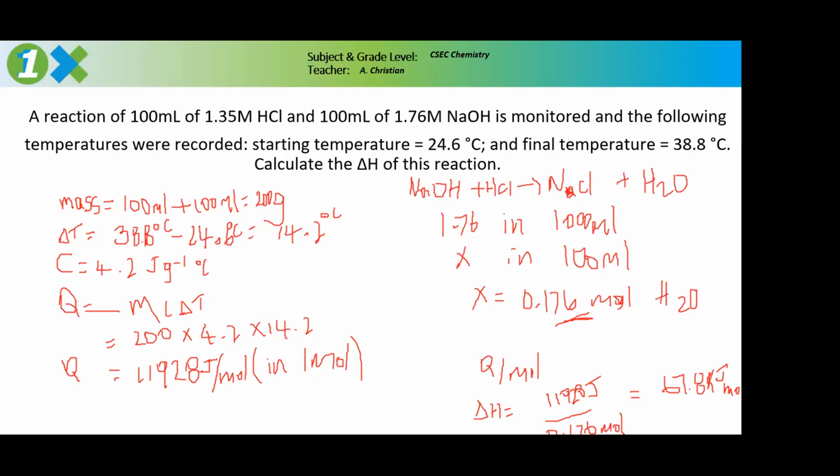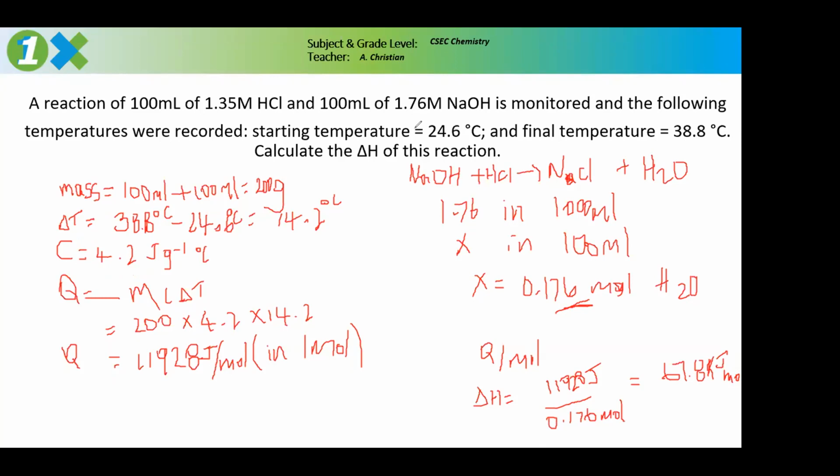All right. And of course, because it is a heat of neutralization, it is always what sign? What sign is heat of neutralization? Negative. Always. So heat of solution is positive. Neutralization is negative. So this is negative.